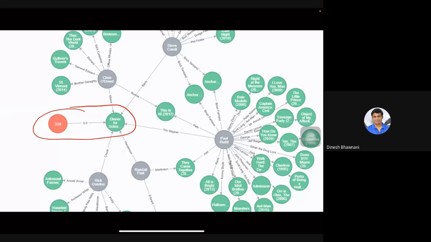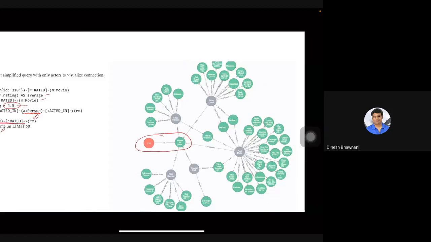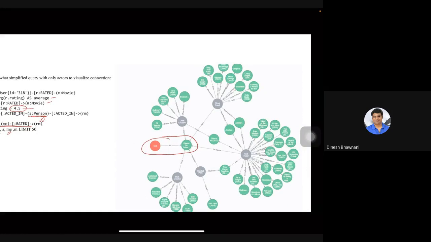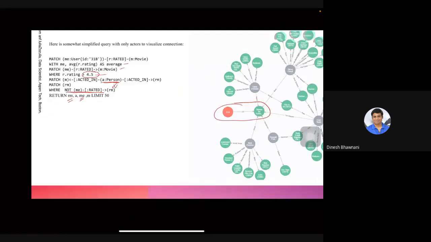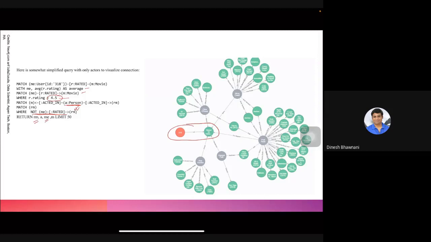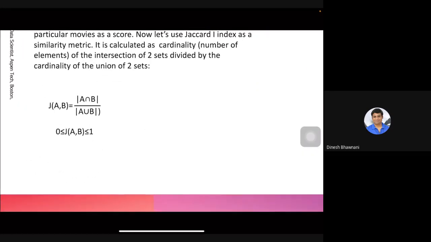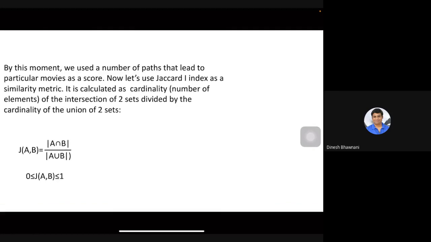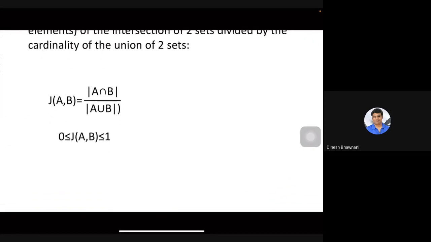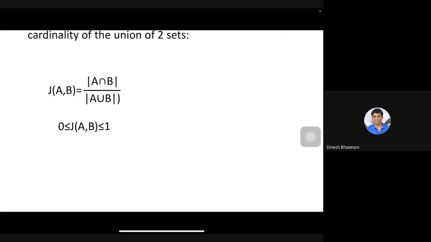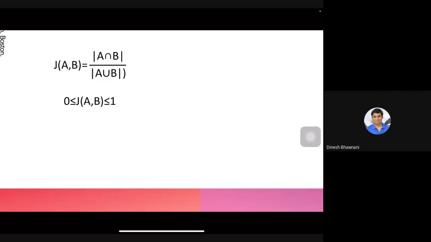We have used the number of paths that have led to particular movies as a score. Now let's use Jaccard index as a similarity metric, calculated as the cardinality, number of elements, of the intersection of two sets divided by the cardinality of the union of two sets.